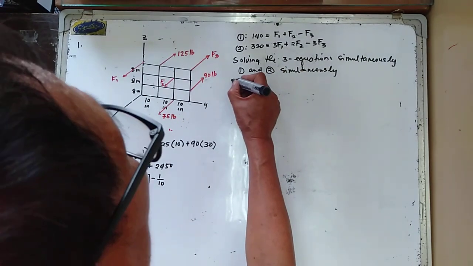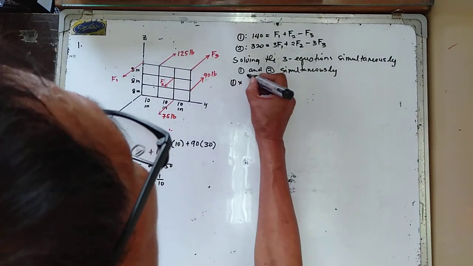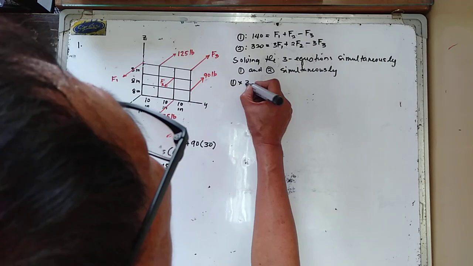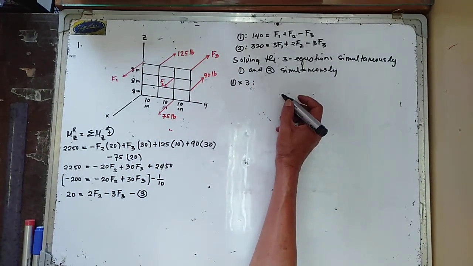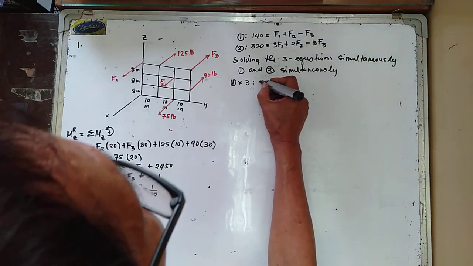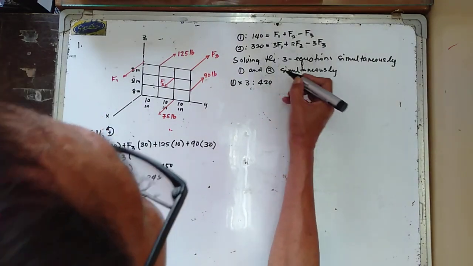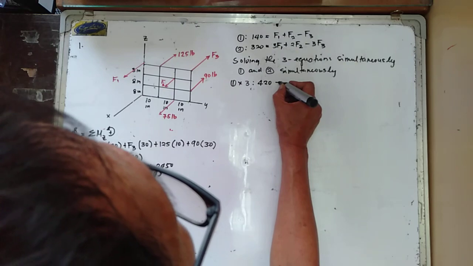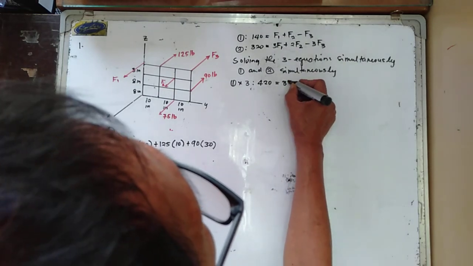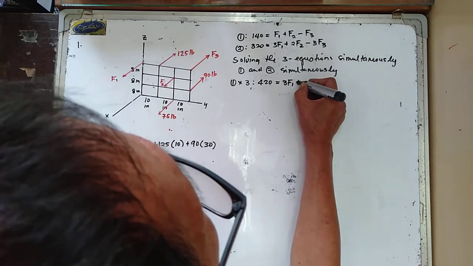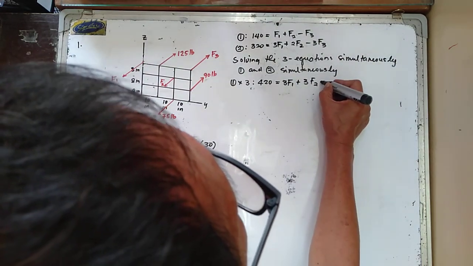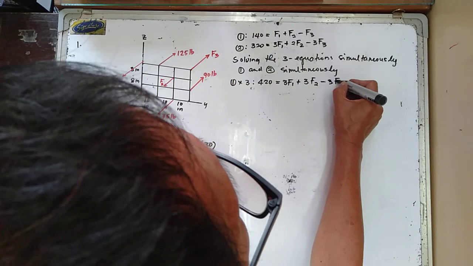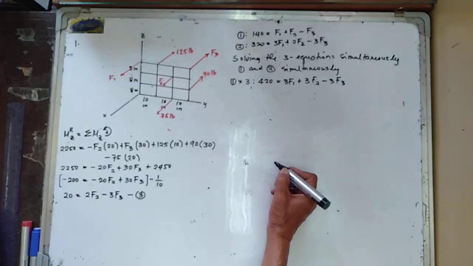so equation 1, let's try to multiply this one by 3. So 3 times 140 is equal to 420, and that is equal to 3F1 plus 3F2 minus 3F3.